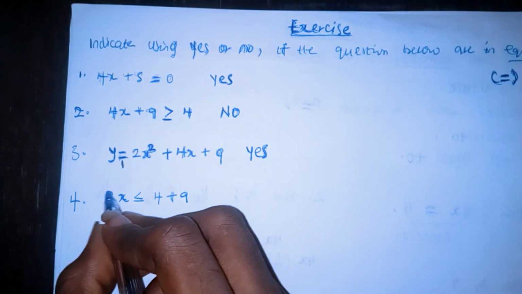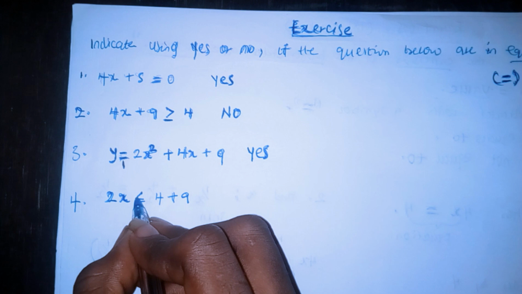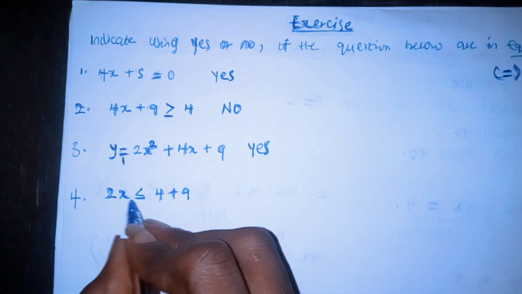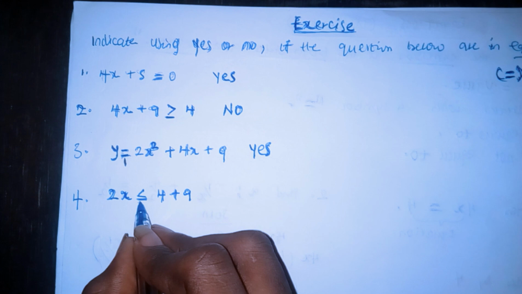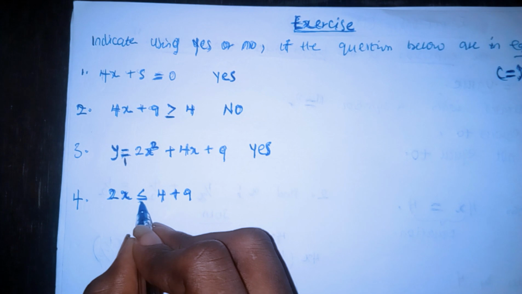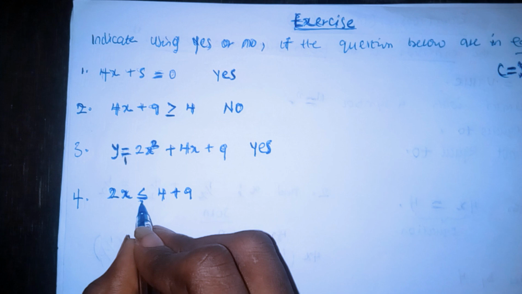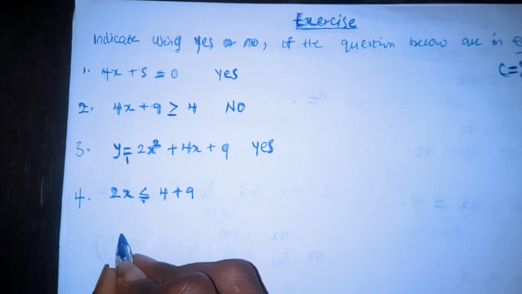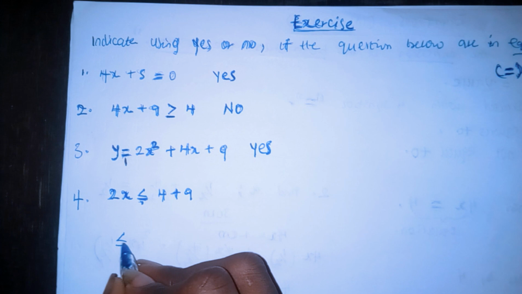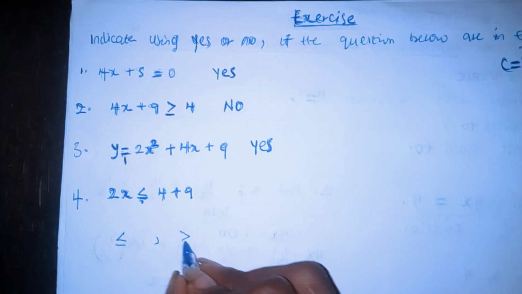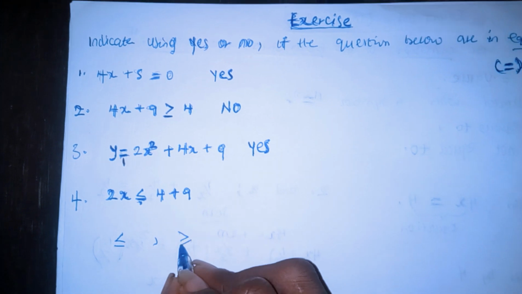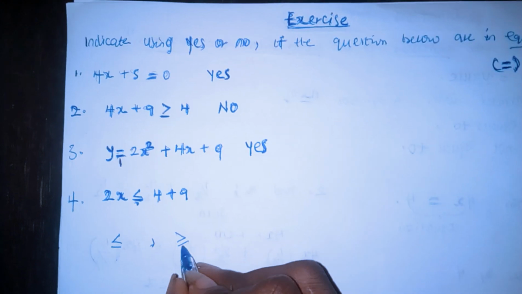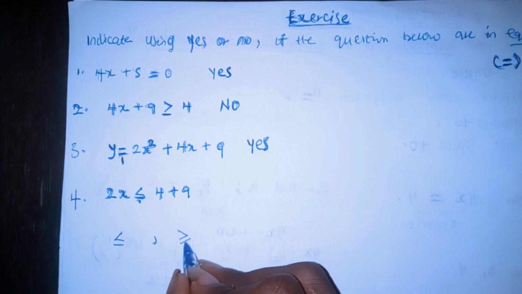Okay, 2x is less than or equals to 4 plus 9. Wow, no matter that there is an equals to sign here, I'm going to clarify this. If the question is in this format, less than or equals to, or greater than or equals to, it does not mean that it is an equation because of this equals to.